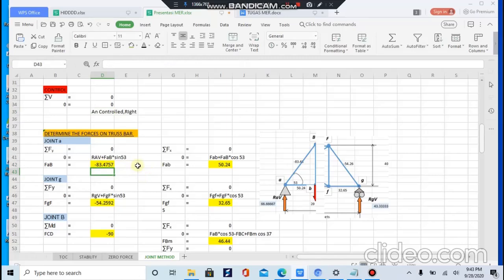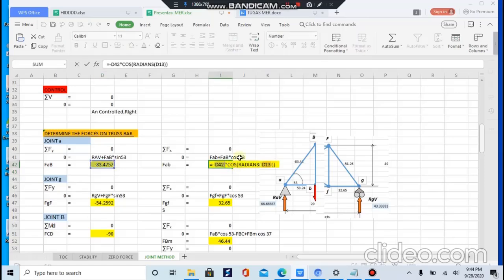And also for sigma Fx is equal to 0, so 0 is equal to FAB plus FAB on the top times cosinus 53. So FAB is equal to 50.24.